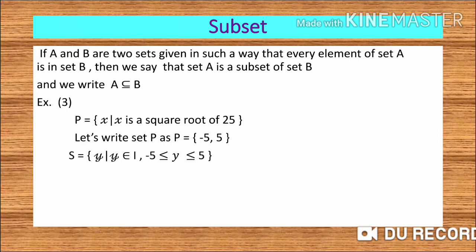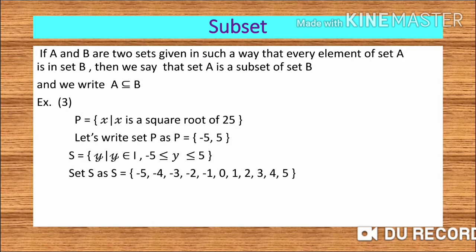And set S is a set of all y such that y is an integer and y is greater than or equal to minus 5 but less than or equal to 5. Therefore, we can write S equal to curly bracket minus 5, minus 4, minus 3, minus 2, minus 1, 0, 1, 2, 3, 4, 5.